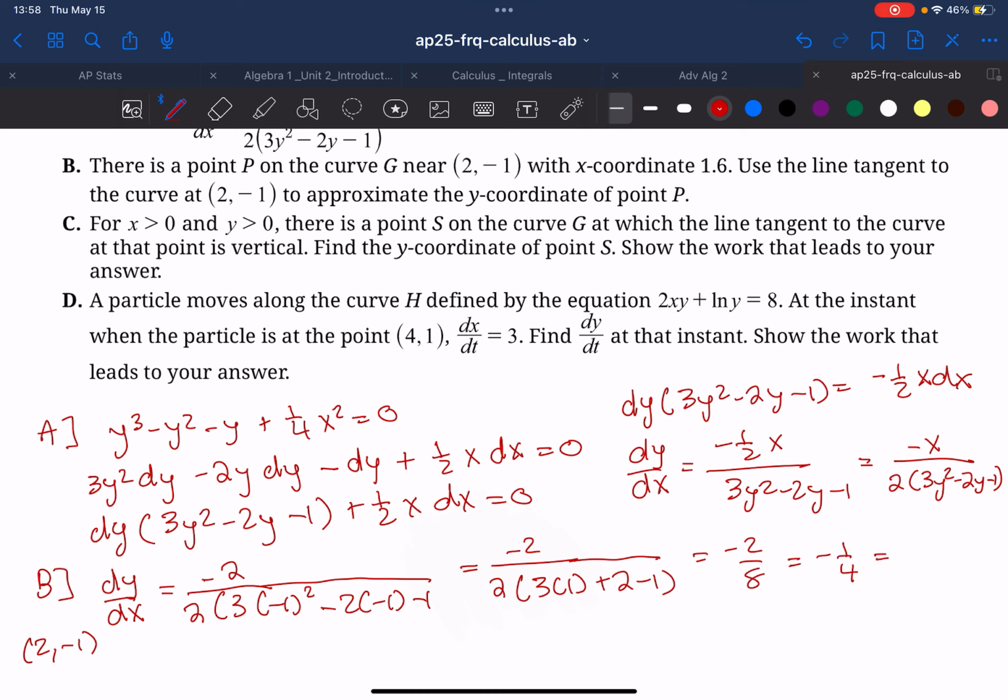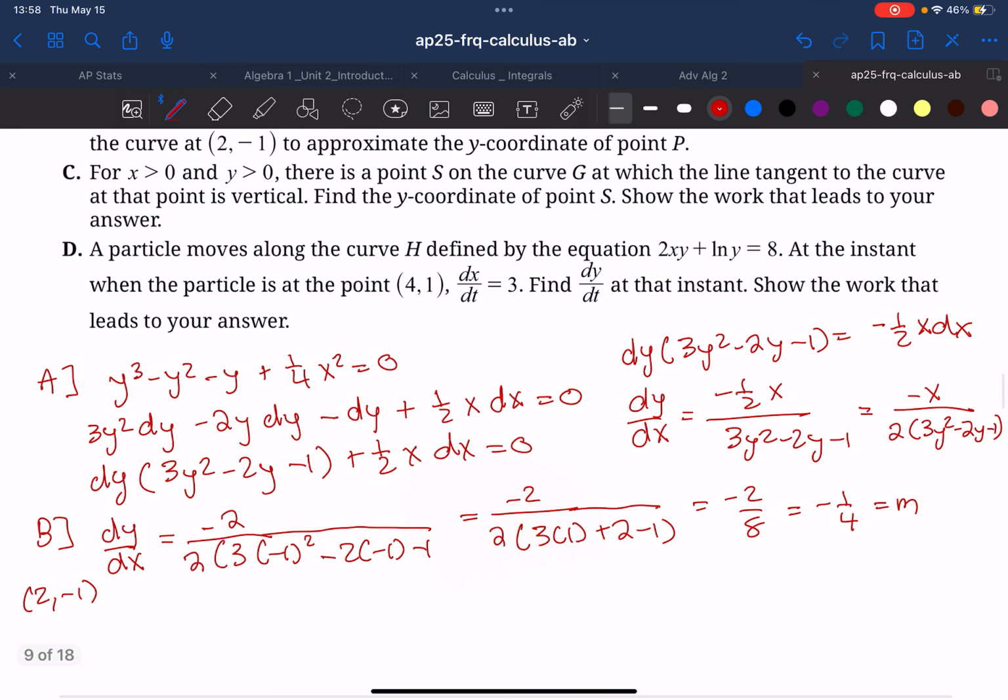This is going to be used for our slope, or our m value. Then we're going to write the point slope formula of y minus y1 is equal to m times (x minus x1). And I'm going to be plugging in the values 2 for x, negative 1 for y, and for m, our slope, negative 1/4 that we found from the dy/dx.